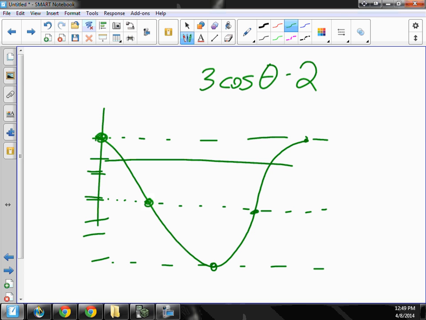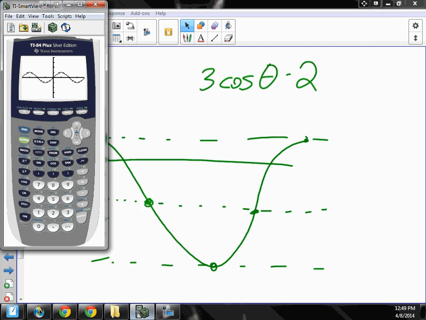Okay, so pull out your calculators. And type in the sine of x. You'll notice that the x button actually says x, t, theta, and n. So anytime you're graphing a function, no matter what the input variable is, whether it's an x, a theta, a time, or a natural number, you always just use x.